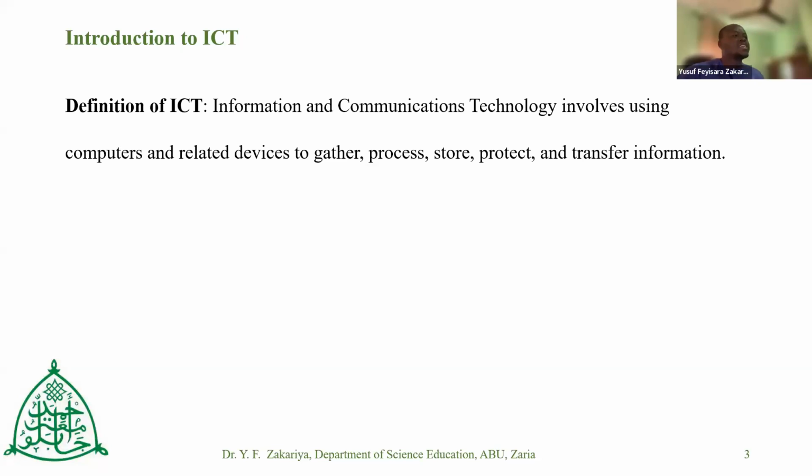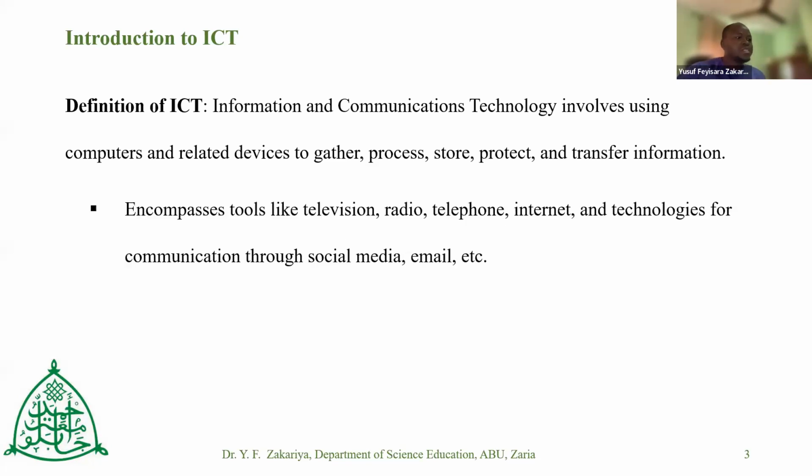So in any case, ICT involves the use of computers and other related devices to do basic operations, to gather data, to process data, to store data, protect data, as well as to transfer data.